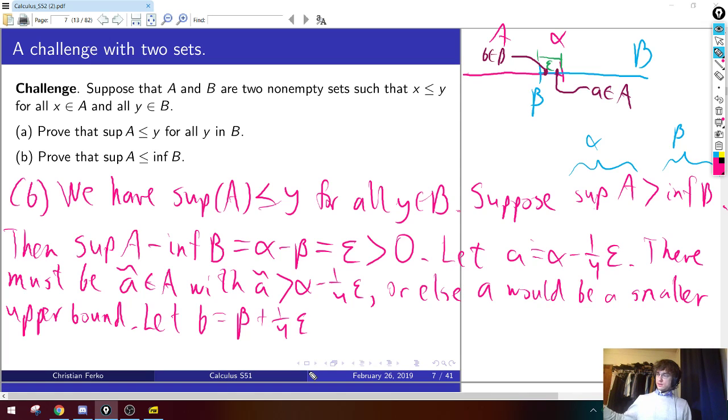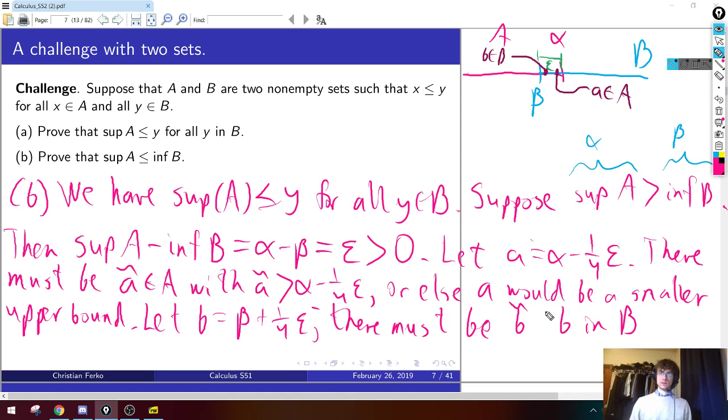Good. Okay, so why must there be something in B less than this? So, once again, there must be a B tilde in B such that B tilde is less than beta plus 1/4 epsilon.